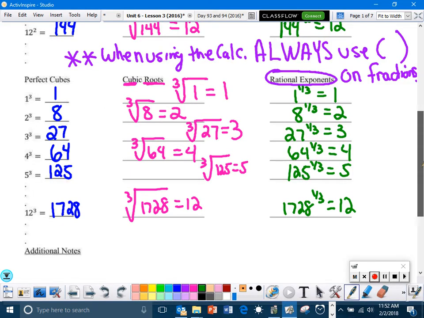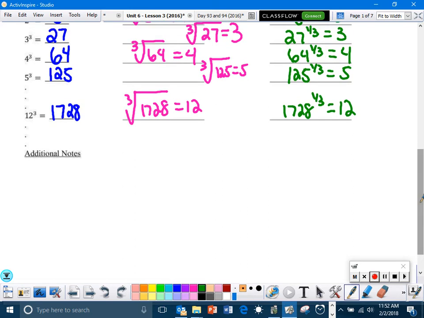All right, continuing. Additional notes. Now, I want you to understand how this works. What is this rational exponent telling us? For example, let's say we have 8 to the 1/3 power. The denominator is telling us how many factors there are. So the denominator is 3. So what number do we multiply to itself 3 times that gives us 8?